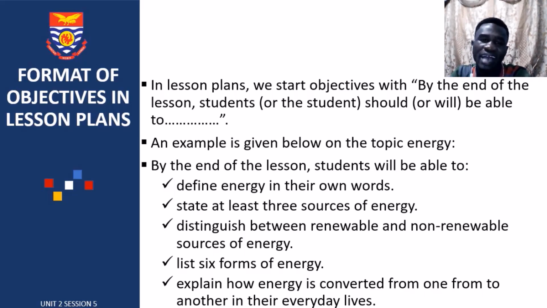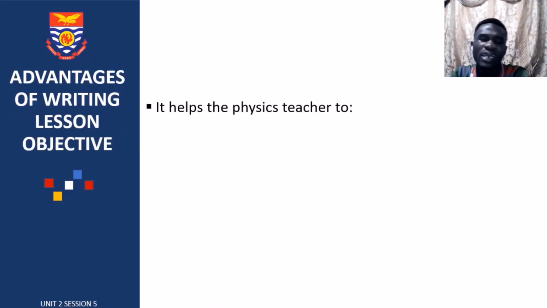And finally, explain how energy is converted from one form to another in their everyday lives. Now, when you check all these objectives, you realize that they are all specific, they are precise, and they are unambiguous.